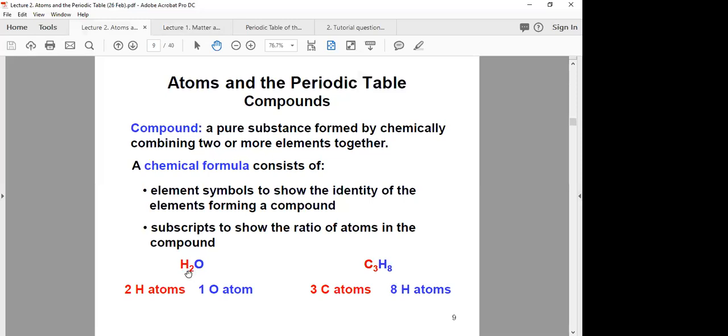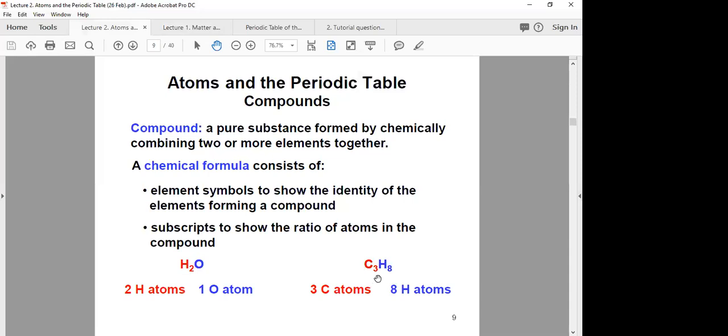So 2 hydrogens and 1 oxygen will make up 1 molecule of water. If you were to divide or split those apart, you would no longer have a water molecule. So this is the basic building block, if you like, not building block, wrong term. The basic structure of water is this molecule of water.